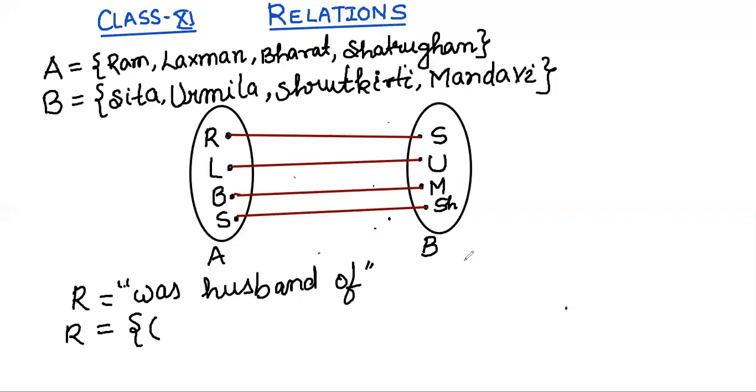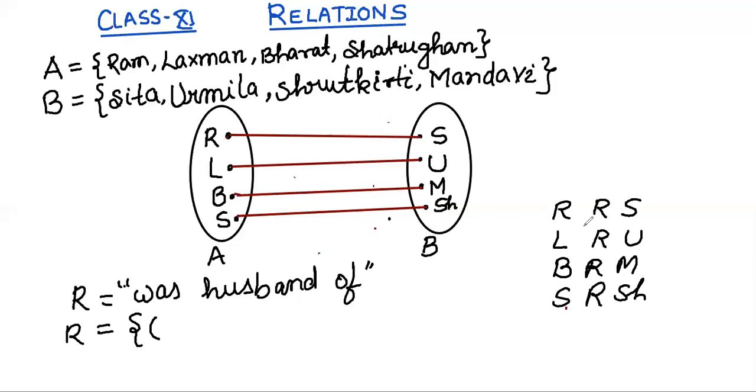So R is related with S. Secondly, we can take L is related with U. Then B is related with M and S is related with SH. So these are the relations.